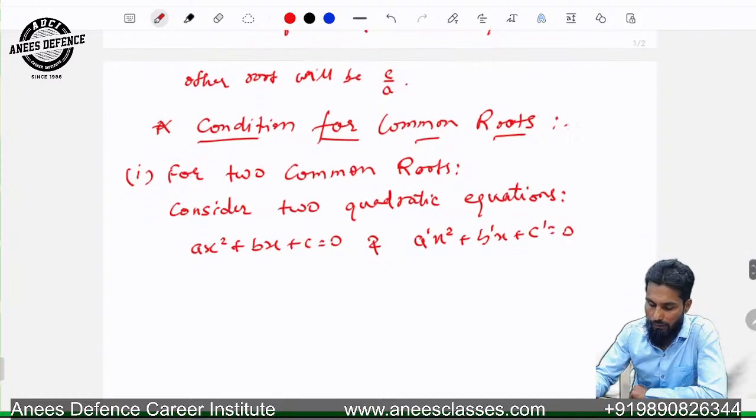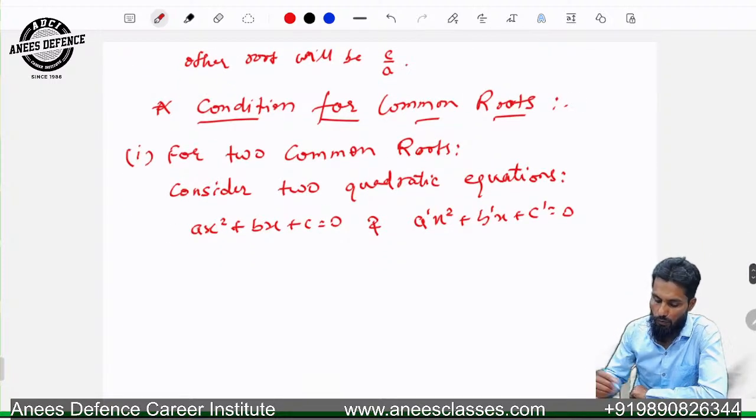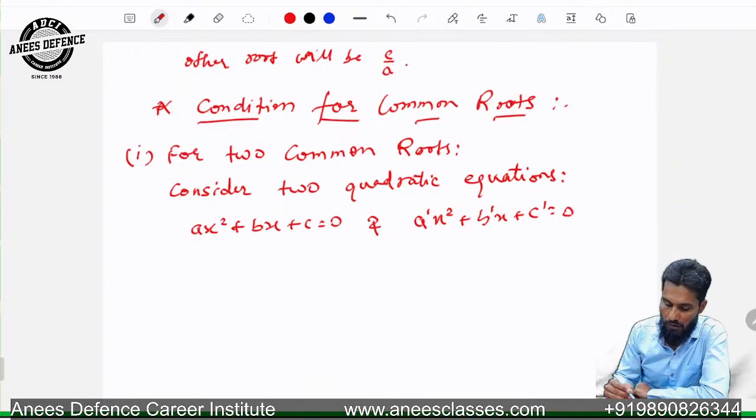These are the two quadratic equations, and the condition they have given is that both the roots of these equations will be common to each other. It means both the equations should be the same, their coefficients should be the same.